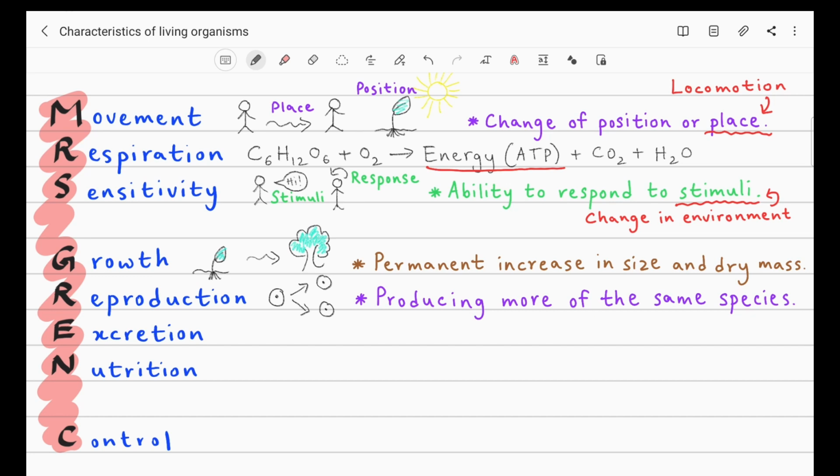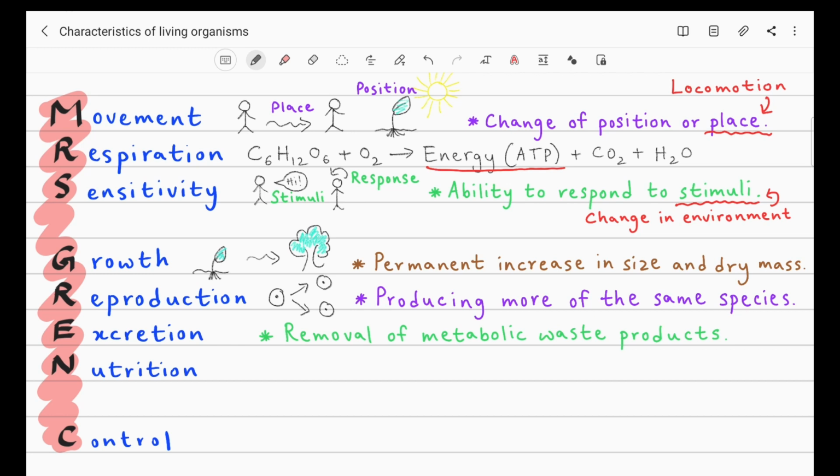Whereas excretion in plants include oxygen, which is a waste product of photosynthesis, and carbon dioxide, which is a waste product of respiration, and also water, which is a waste product of respiration, and many more. We will be talking about excretion in detail under the excretion unit, right? But for now, what we are expected to know is that excretion is the removal of metabolic waste from the body.